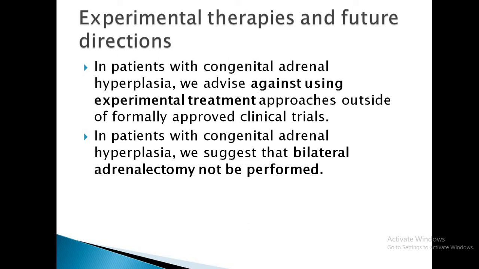But due to the toxicity, it could not be recommended outside approved research. Another drug is ATR 101. It shares some mechanism with mitotane. It is under a phase 1 trial now.